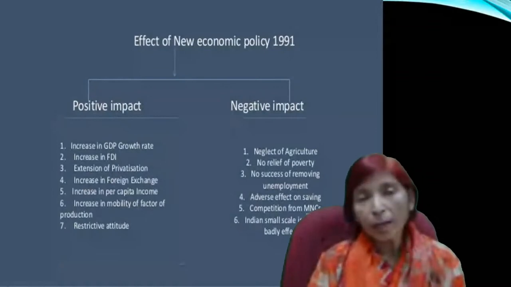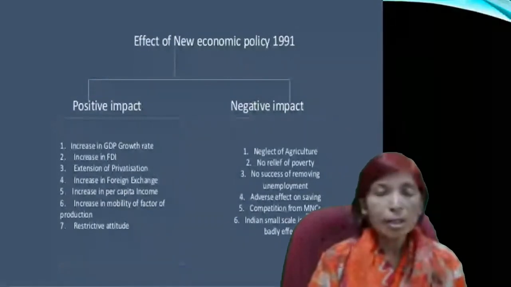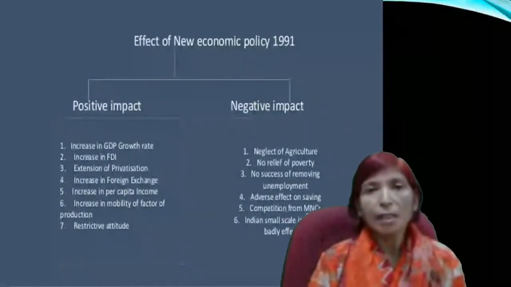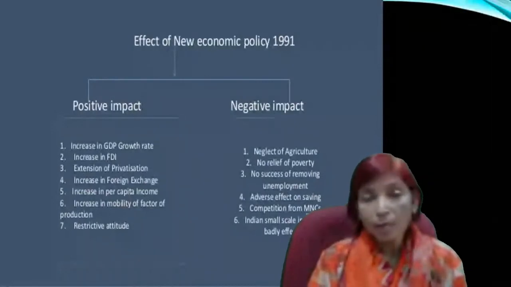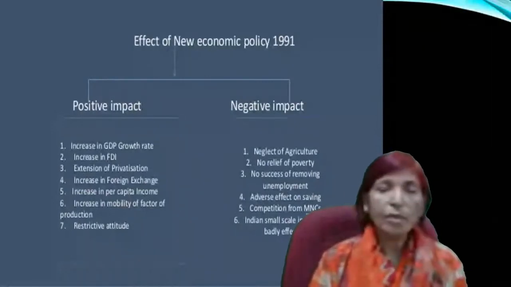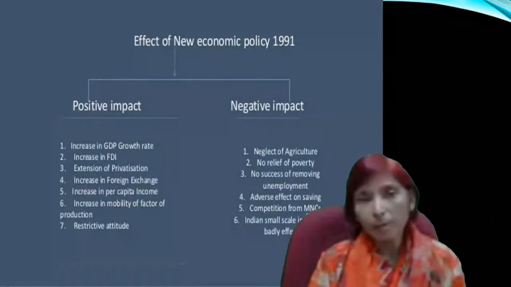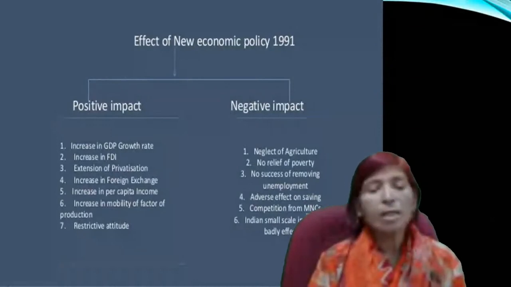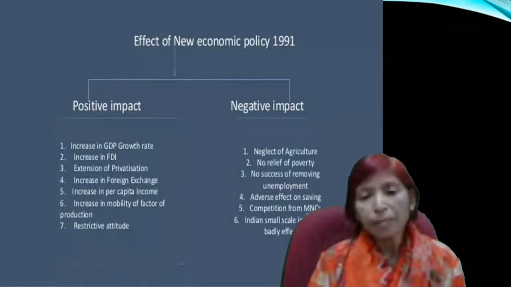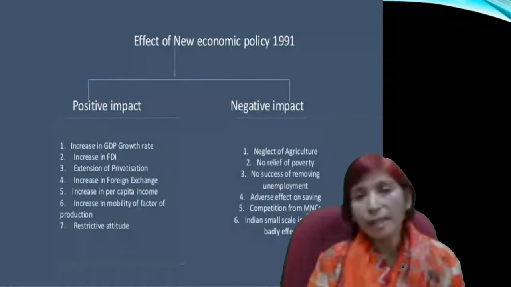When we use more capital intensive technology instead of labor intensive technology, then employment will not be generated. When employment is not generated, how can we solve the unemployment problem? So unemployment removal actions were not taken in this policy. No poverty reduction, no poverty relief existed at that time.